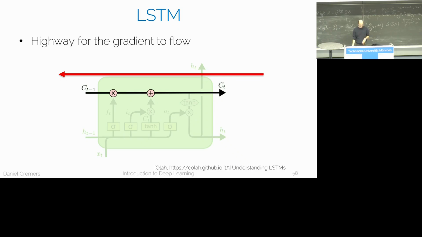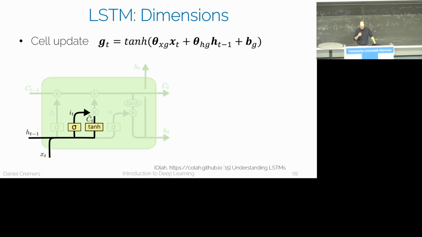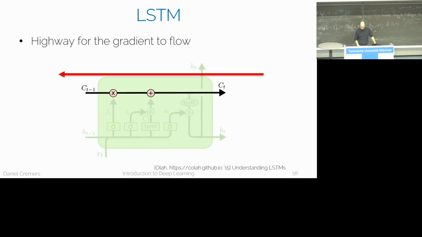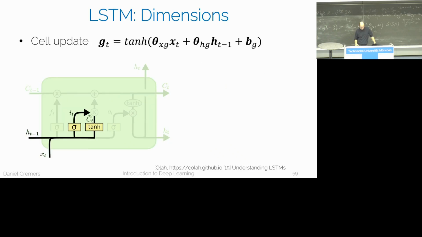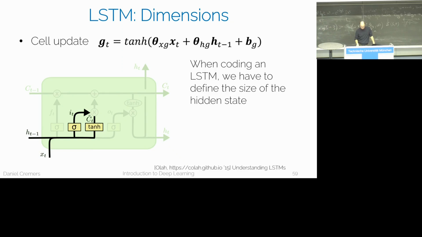So here's this highway for the gradient flow, and the cell update. What's important when coding an LSTM is that we have to define the size of the hidden state. And what's important is these dimensions, much like in a ResNet.